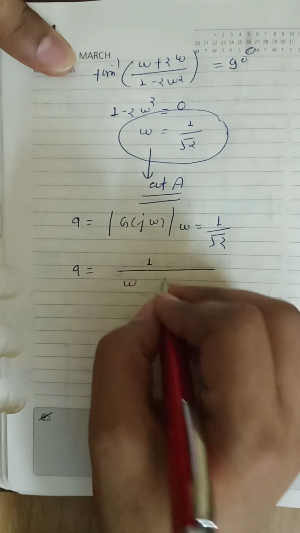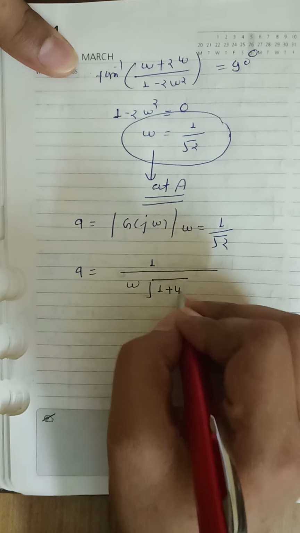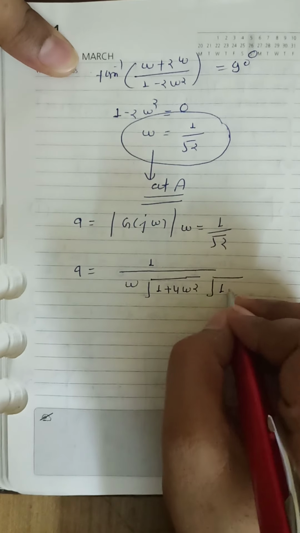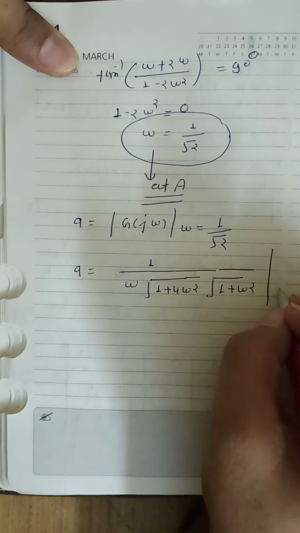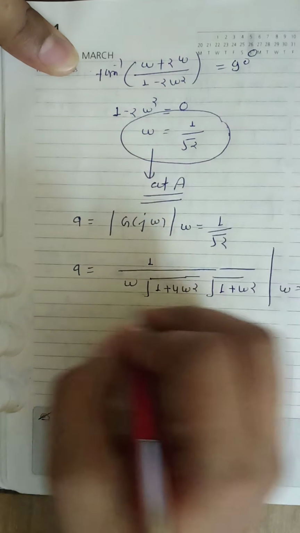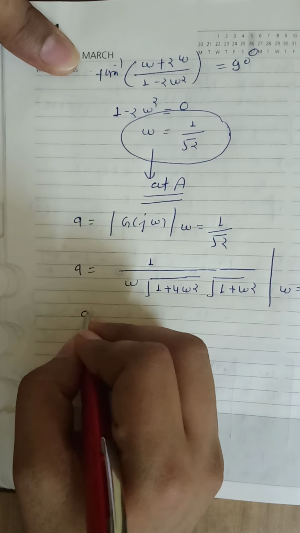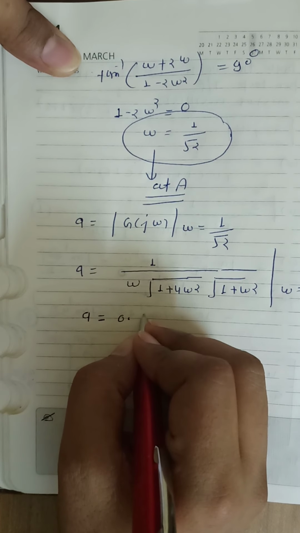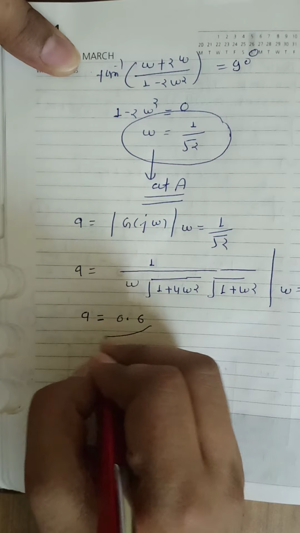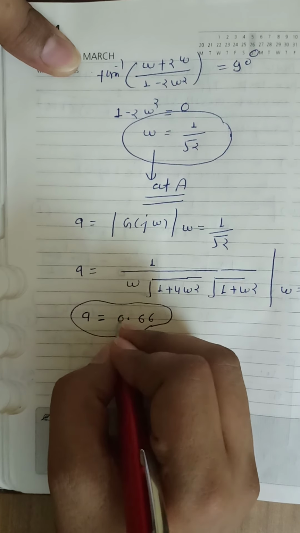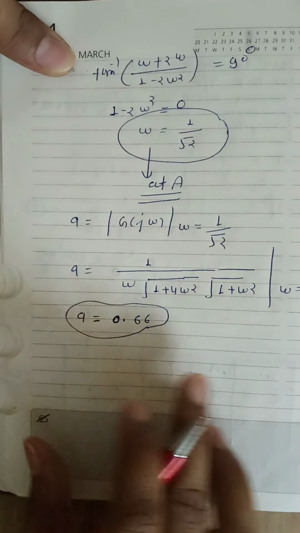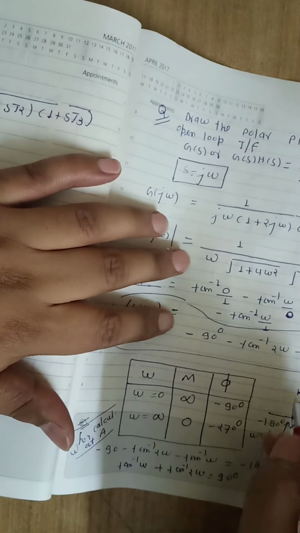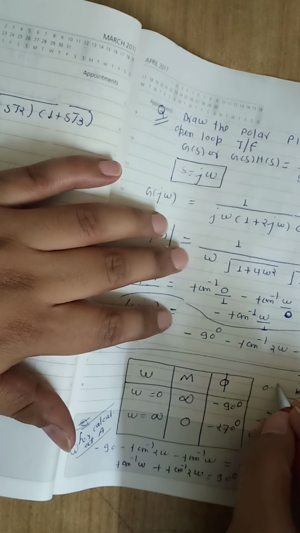It is 1 over omega under root 1 plus 4 omega square under root 1 plus omega square. Put omega equal to 1 by root 2. Let us calculate. So we have A equal to 0.66. So this is the value of A, this is 0.66.